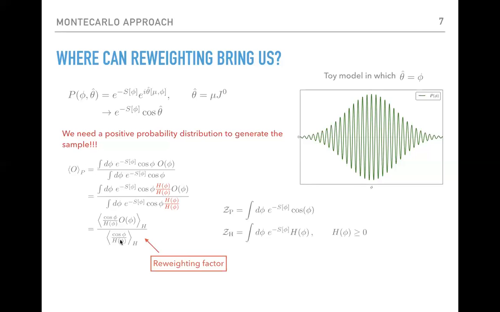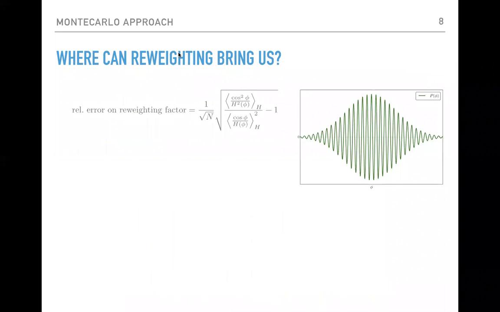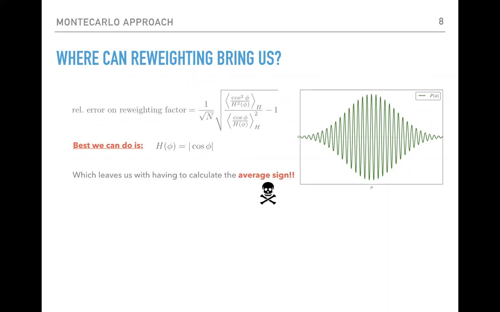So what we can do is try to choose H to minimize the error on this reweighting factor. This is exactly what I have calculated here. And if you see this, one obvious thing that you could do in order to minimize this relative error on the reweighting function is just to take H to be the absolute value of the phase.